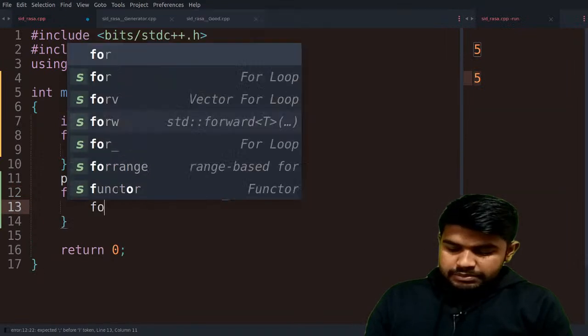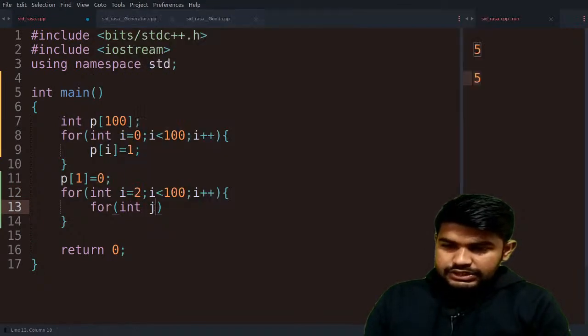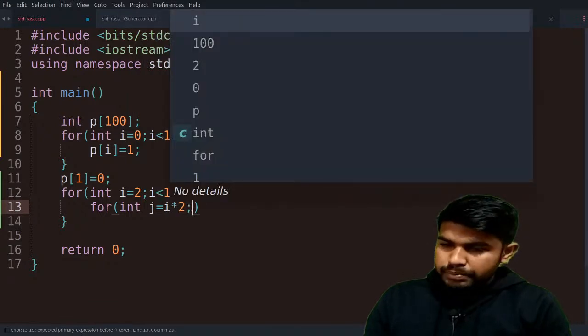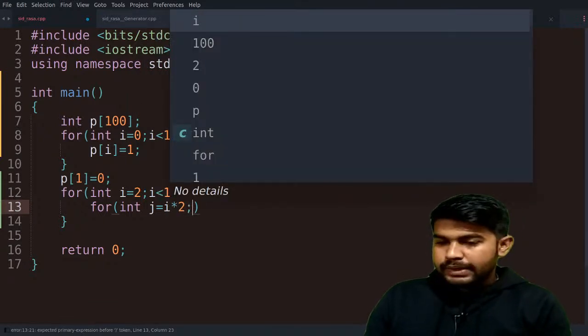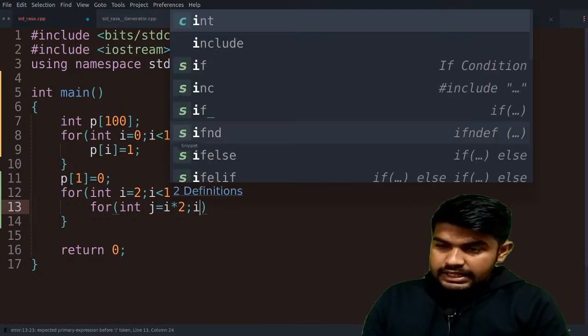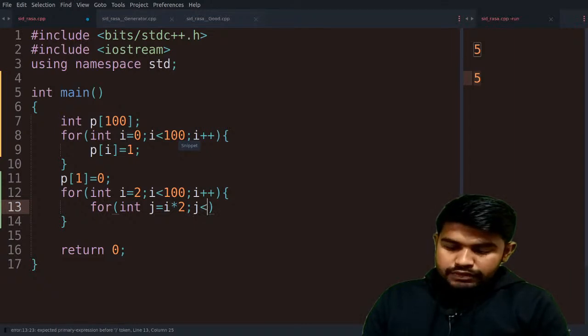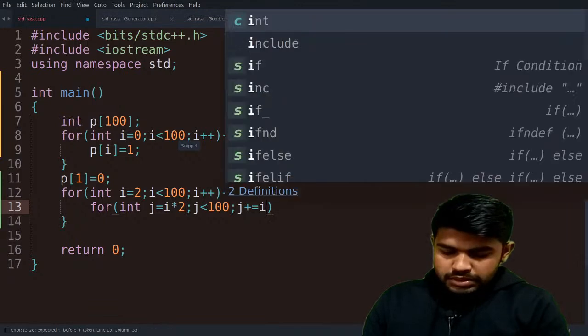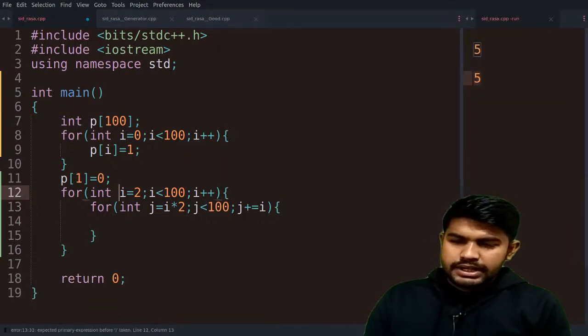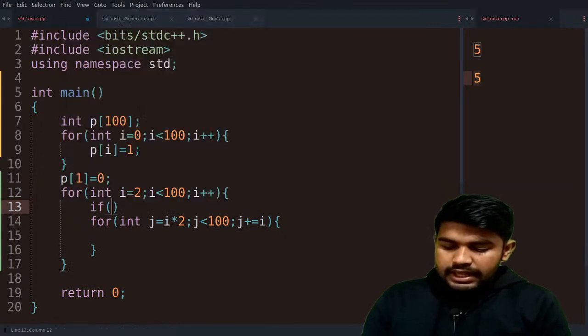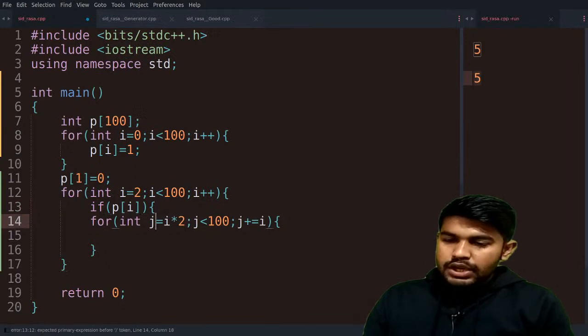For each element, int j is equal to i multiplied with 2, because i is true, will remain true, and j is less than equal to 100, and then j plus equals i. That means it would get incremented. And when will this happen? If p of i is true.